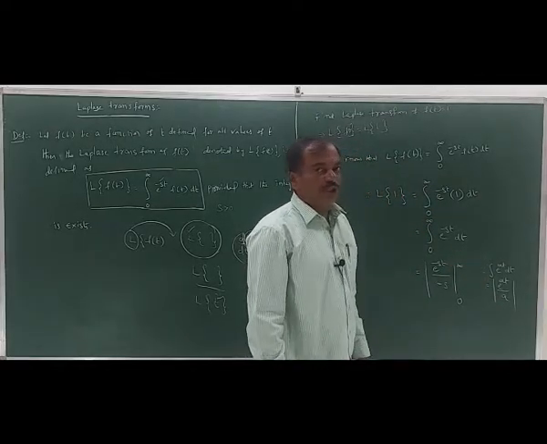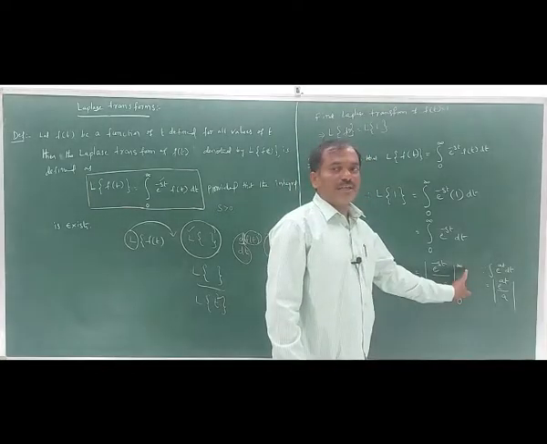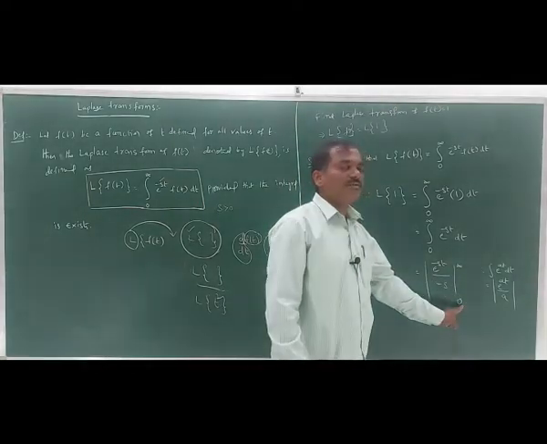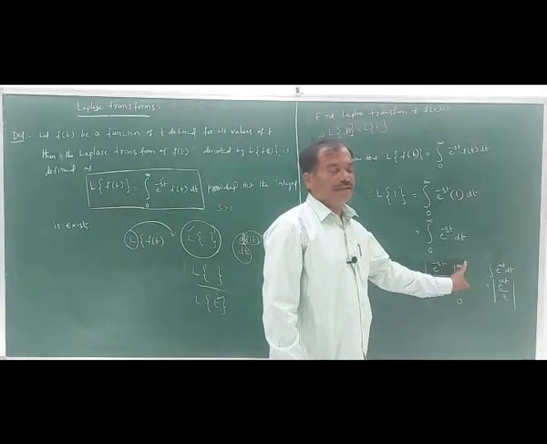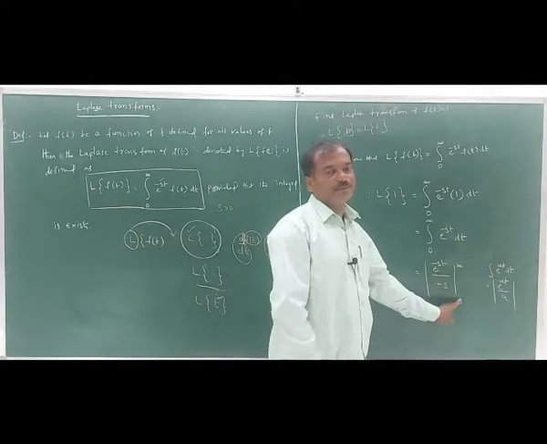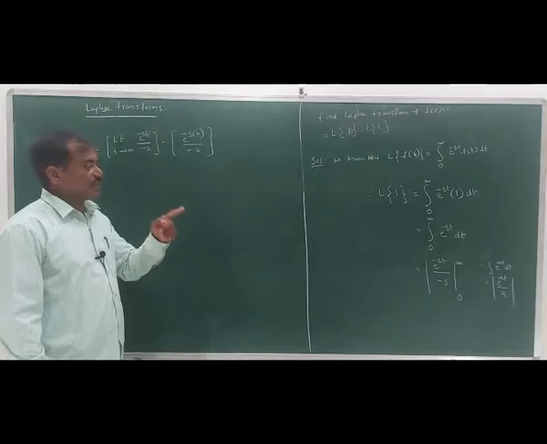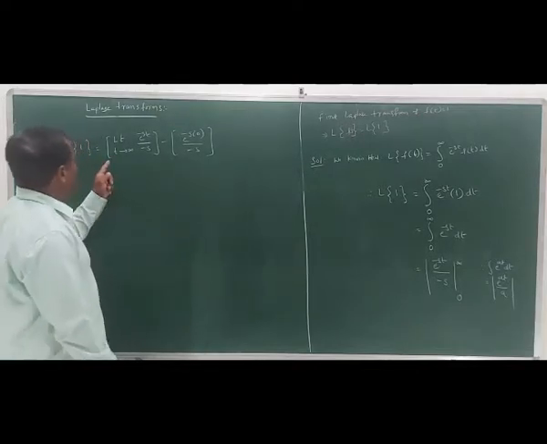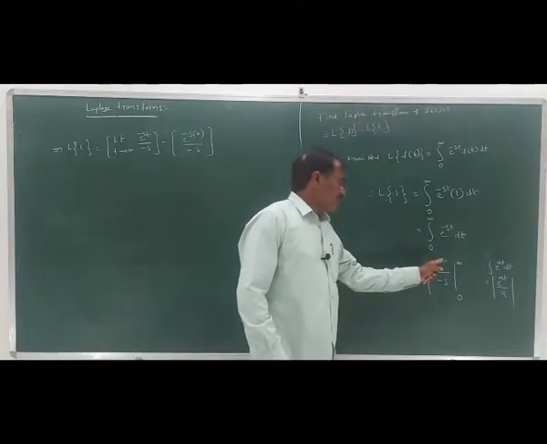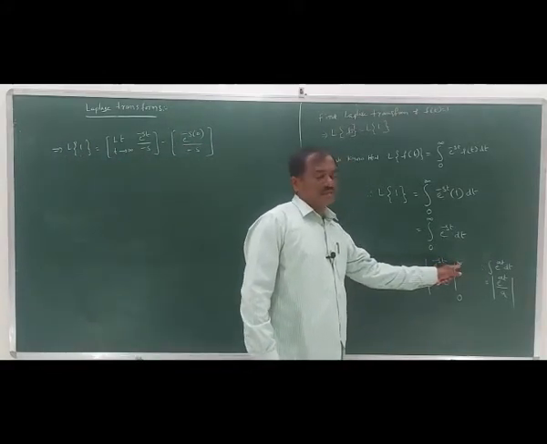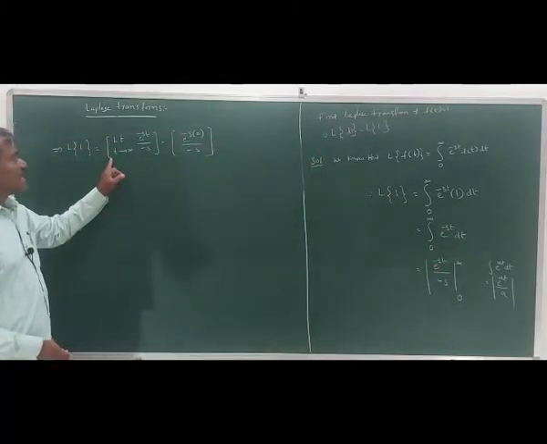We have to substitute these limits, where the upper limit is infinity and the lower limit is 0. Now we have to substitute the upper limit and lower limit in the right hand side function. What is the upper limit here? Infinity. We don't write t equal to infinity directly. Why? Because this is an undefined value. So that's why we wrote this form, limit t tends to infinity.